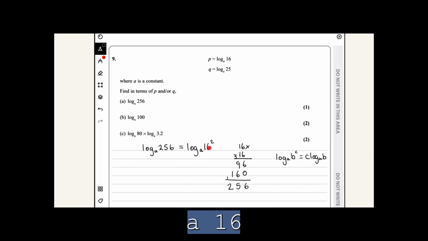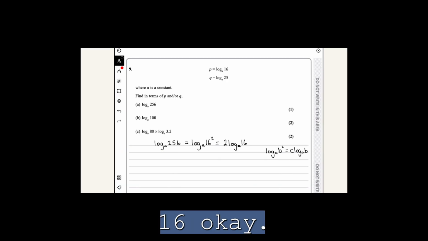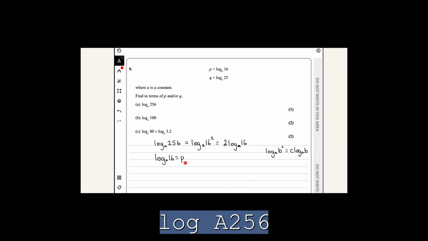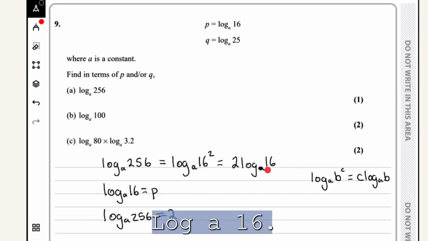So log A of 16 squared is the same as 2 log A of 16. But log A of 16 equals P. So log A of 256 equals 2 log A of 16, so equals 2P. And there I have found this in terms of P.